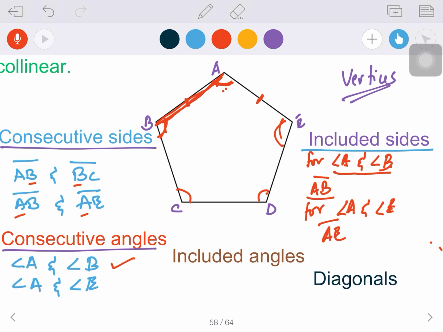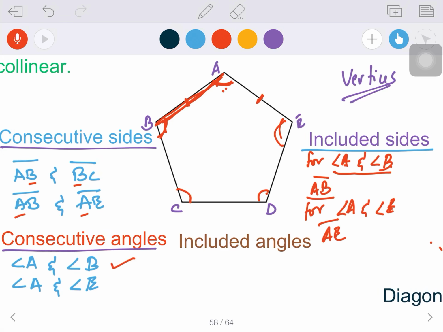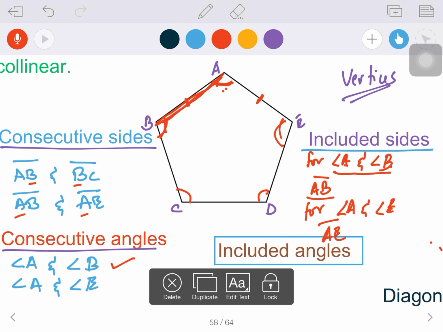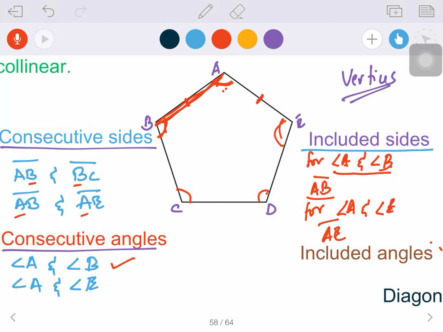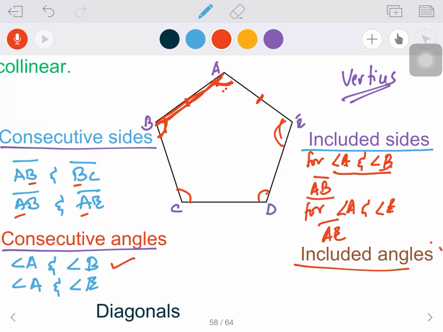Next, what about included angles? Included angles now are those angles in between two consecutive sides. So let's see. Remember, we have consecutive sides here.